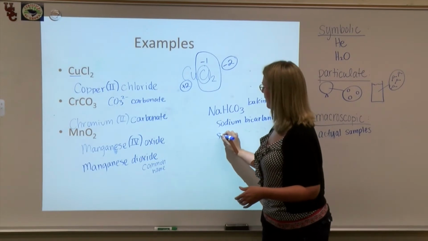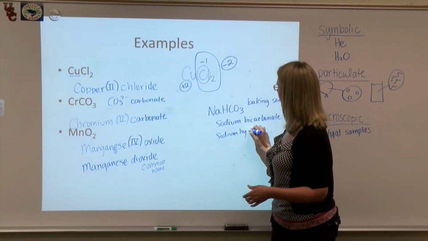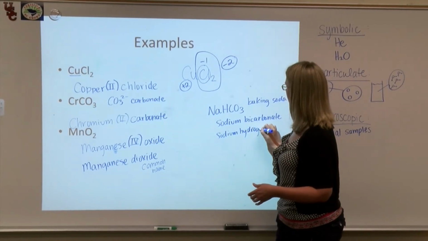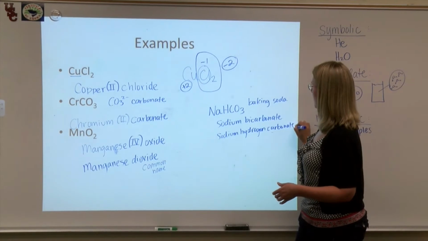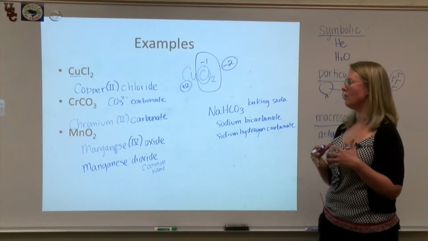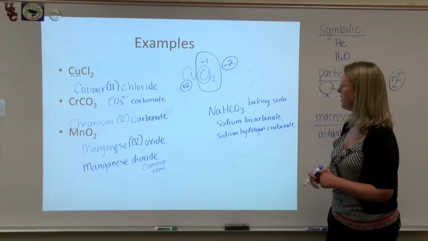Or we can call it sodium hydrogen carbonate. So they're all the same thing, which is why nomenclature sometimes is so confusing. And that's why we've settled on one convention for naming stuff. But still, we go off track and use the common names.